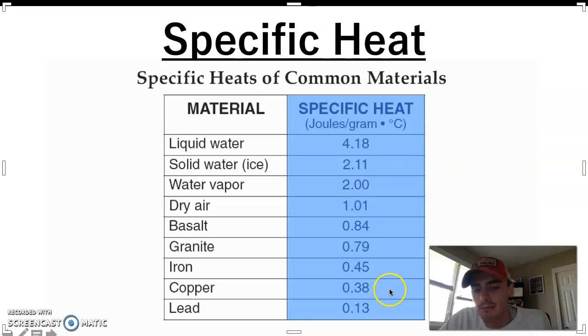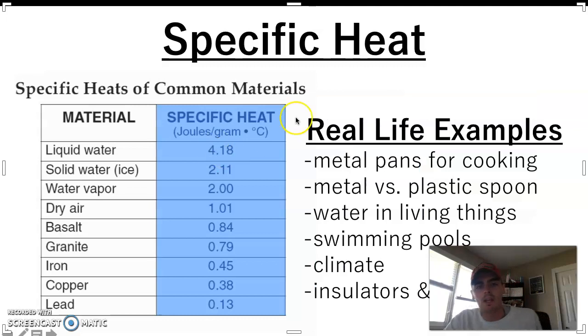If I leave a metal pan on the stove like these right here, it heats up really fast because of its low specific heat. It takes 10 minutes though to boil water on the stove because water has a very high specific heat, which means it takes a lot of energy to change its temperature. Here's the same table with some real life examples. For cooking, we use metal pans because of their low specific heat, and they heat up and transfer the heat really fast.